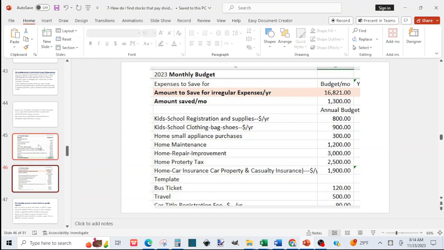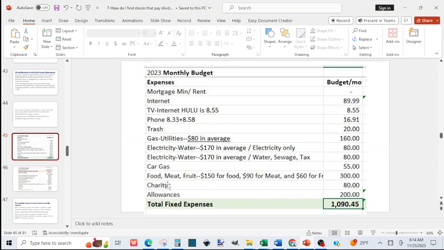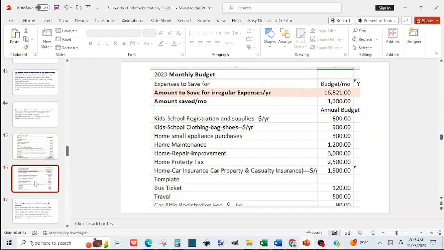And another way to do it is, in this example, you can say, okay, I'm going to keep $1,000 in the checking account for my living expenses, put $1,000 in the saving account for irregular expenses, and then invest $1,000.